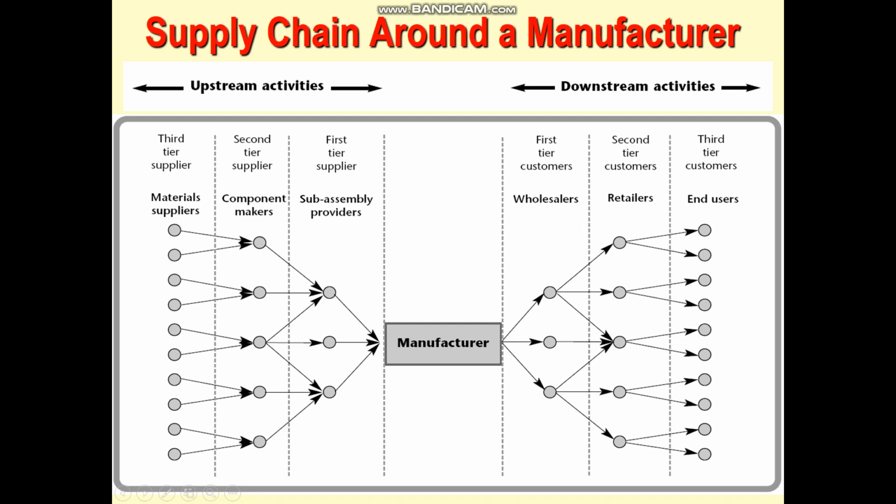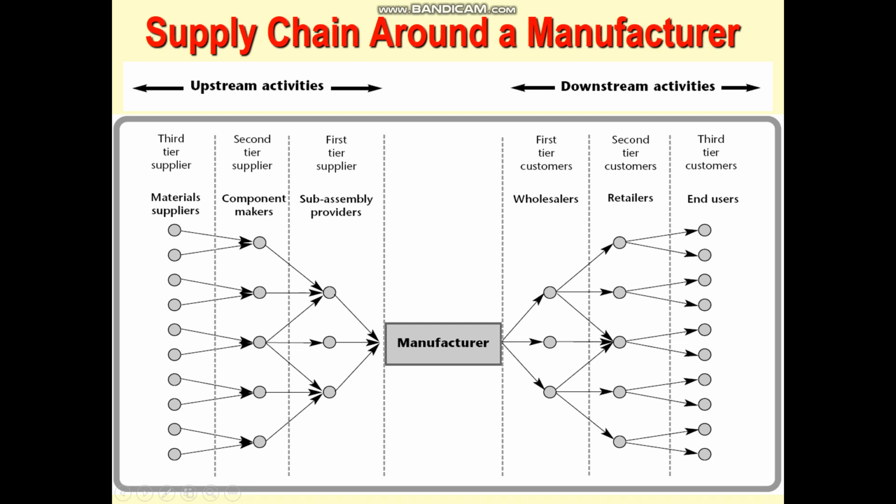First tier customers are the customers who receive the products directly from the manufacturer. Then the first tier customer will deliver the products to the second tier customer, and from the second tier customer they will deliver products to the third tier customer.